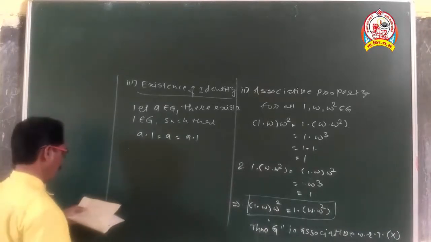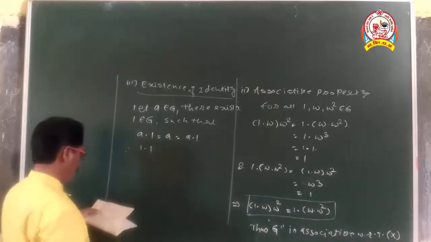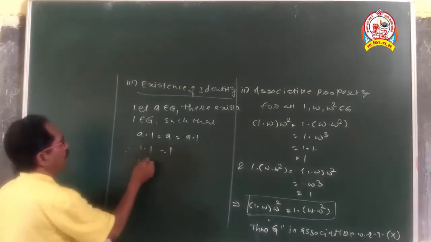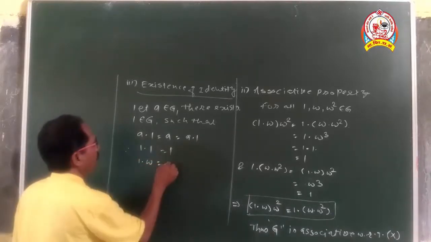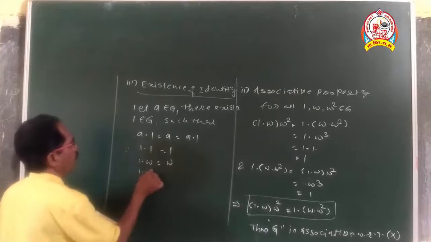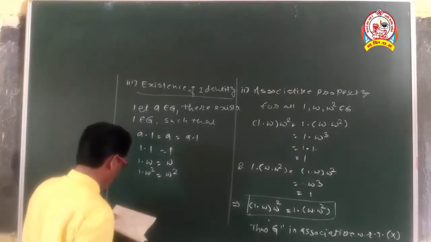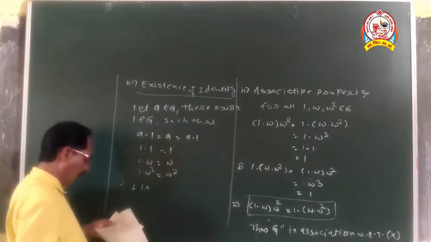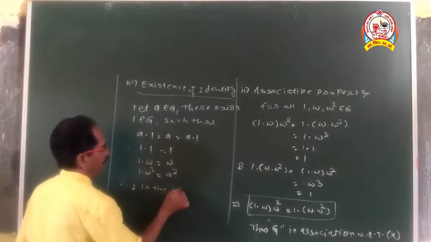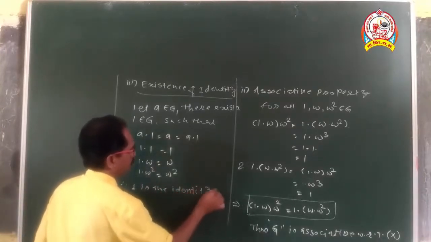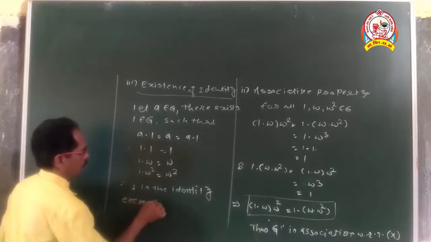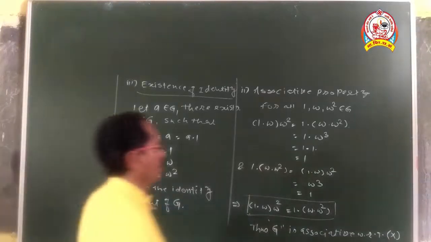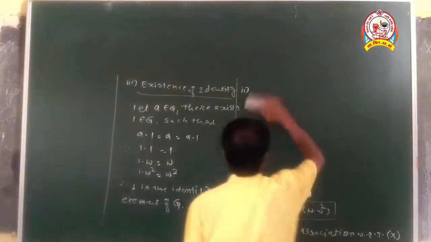Therefore 1 into 1 is equal to 1, 1 into omega is equal to omega, and 1 into omega square is equal to omega square. Therefore 1 is the identity element of G.